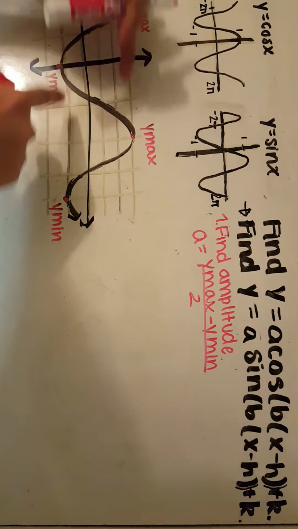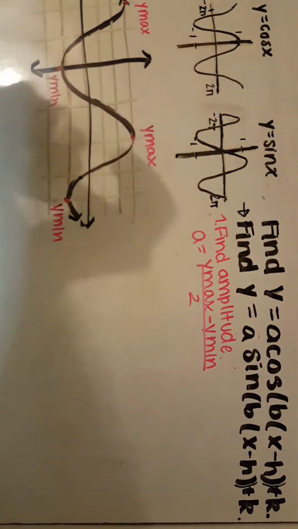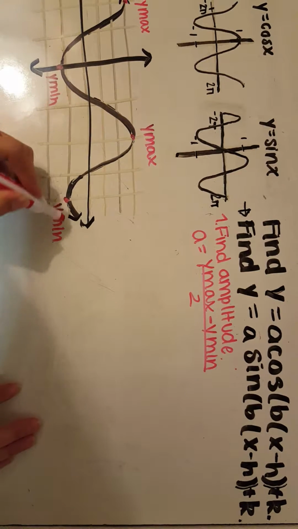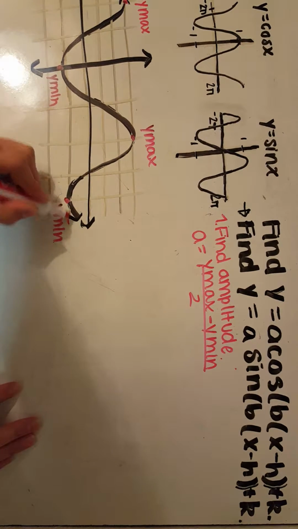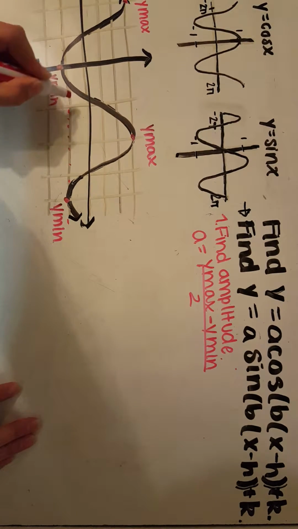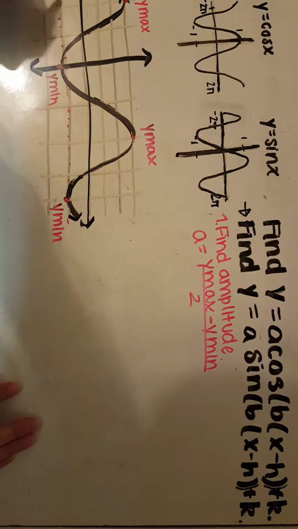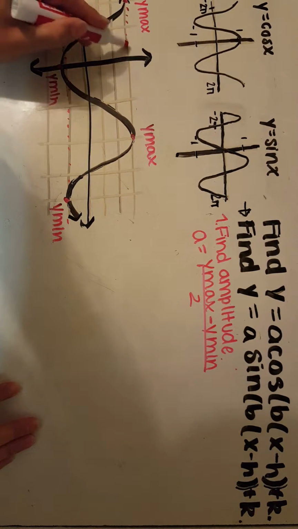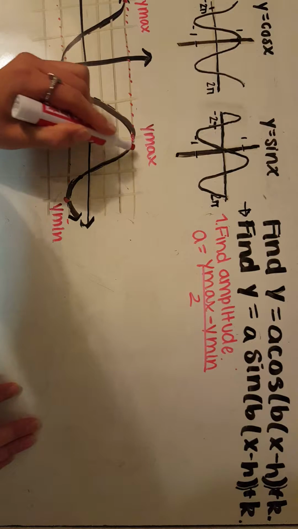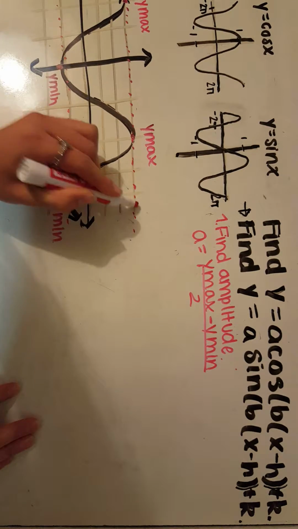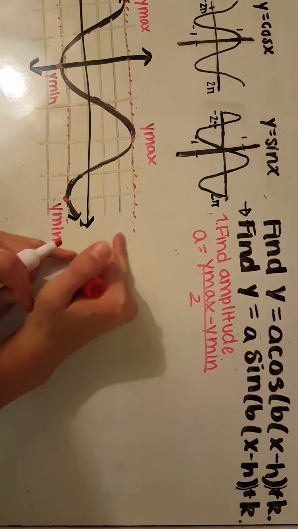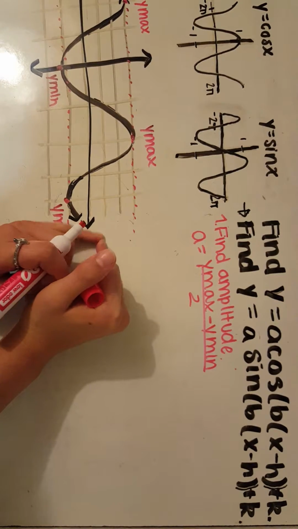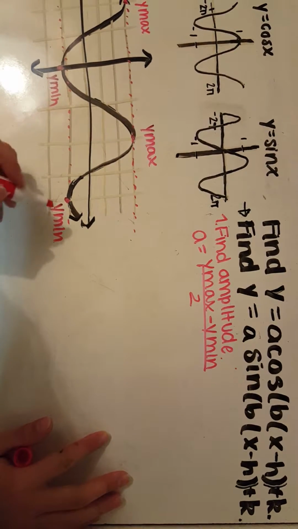So if I think about this being my line that all my y mins hit, and this being my line that all y max hit, I want to find the line in between those two. So I'm going to call that my midline.